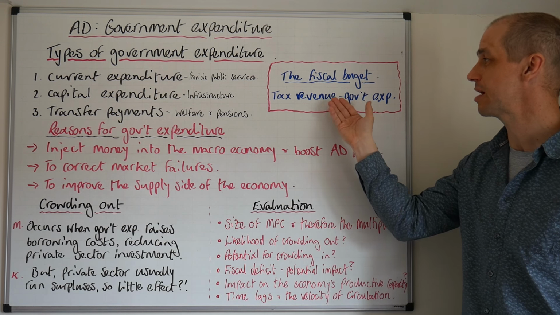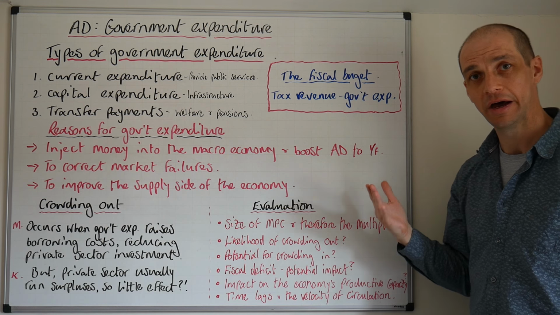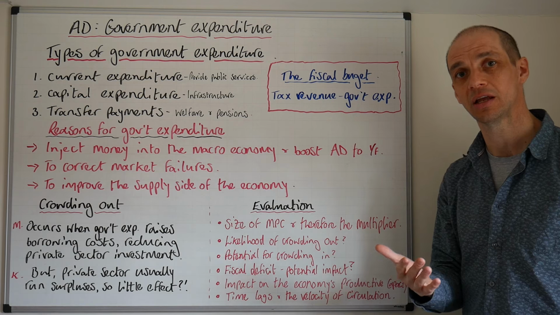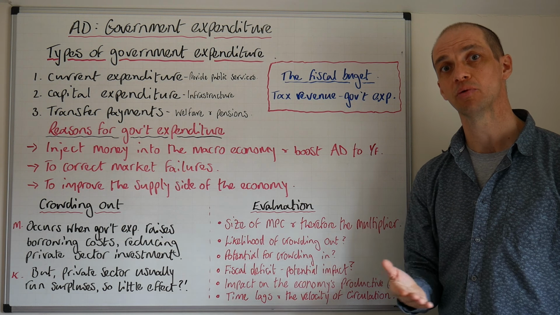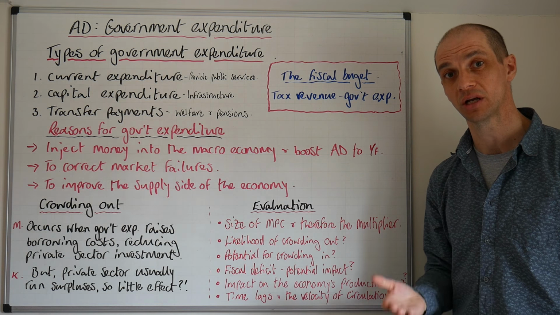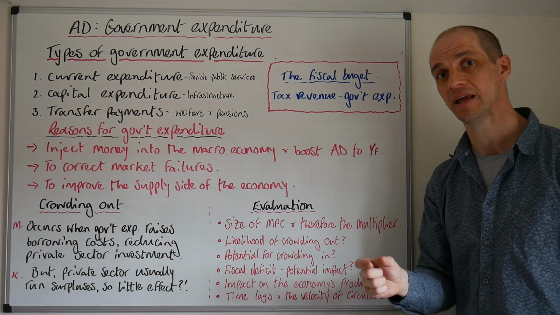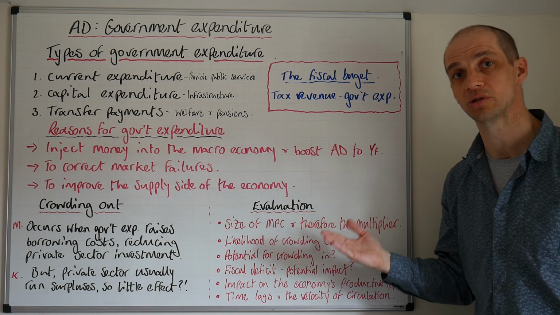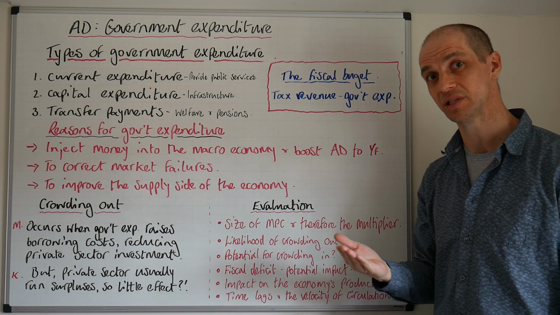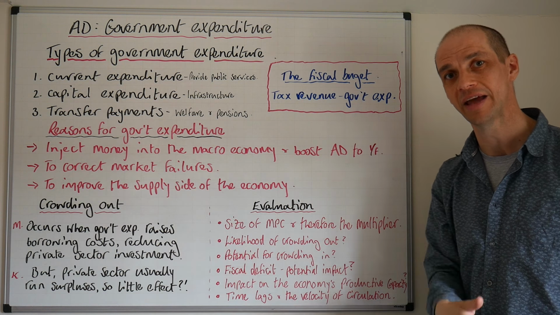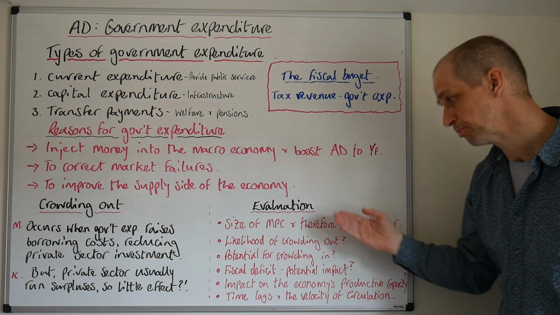So what will be the impact of any injection into the macroeconomy? Okay, and if financing and borrowing becomes a real problem and it looks like it's unsustainable, then you could have a fiscal budget crisis where you can no longer actually finance that debt, and that can pose all sorts of problems for the economy, as it did with Russia in 1998, and they ended up defaulting on their debt, as did Iceland in 2008.